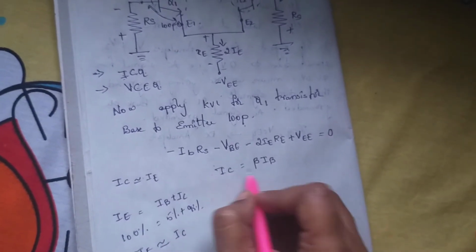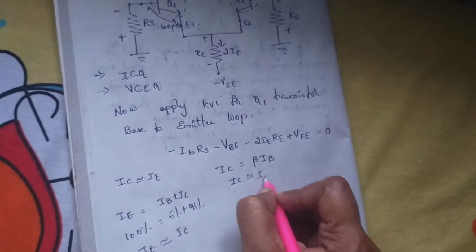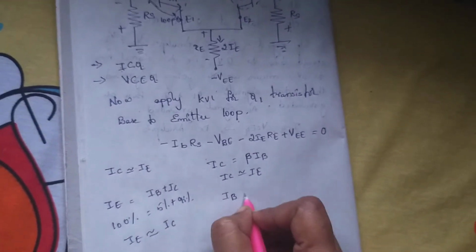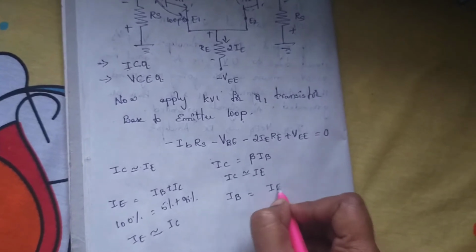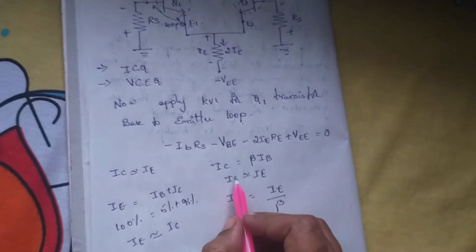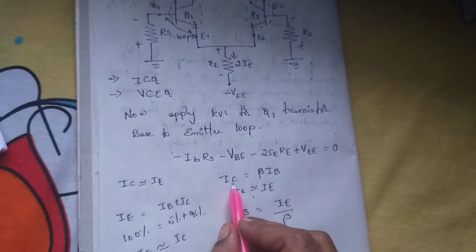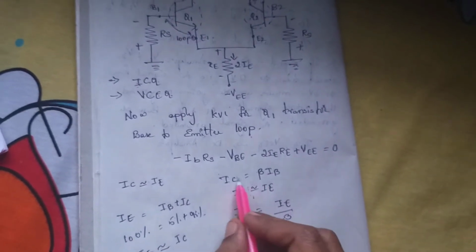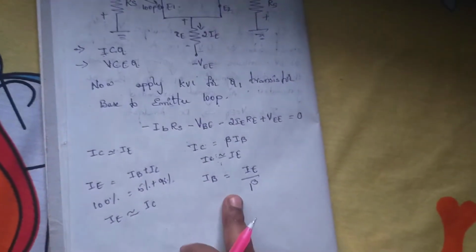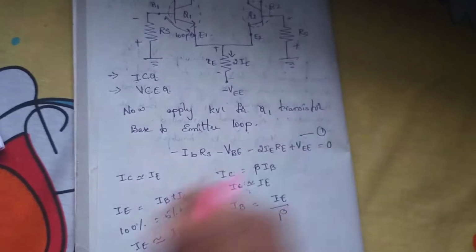Since IC is approximately equal to IE, we can write IB is equal to IE by beta. So this is the first equation.